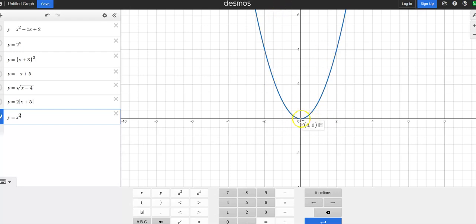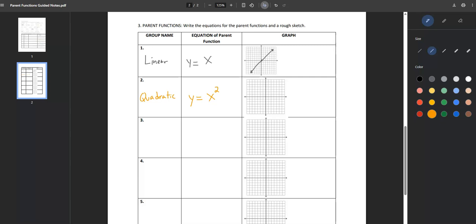And notice where the center is, at the origin here at 0, 0. So this one's graph, a real rough sketch of this, should just go like this and have this U shape here.